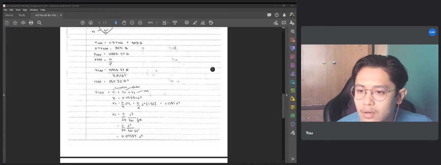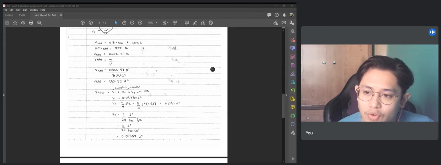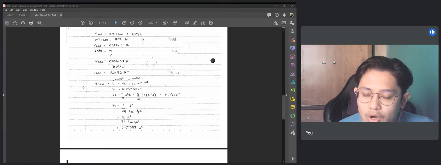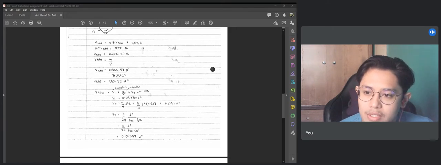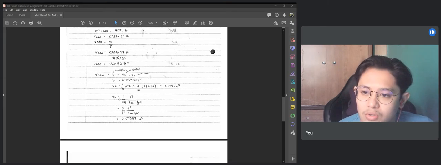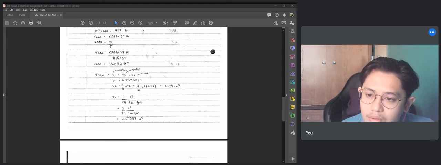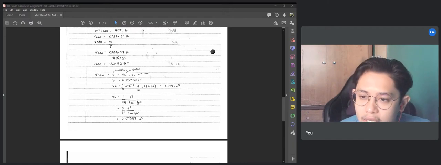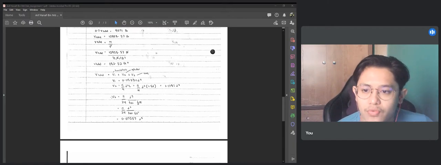Then we use the same step. We equate the volume total with the formula of each shape: V1 is hemisphere, V2 is cylinder, and V3 is cone. I have simplified the equation for each shape. V1 is equal to 0.0833 pi d cube.